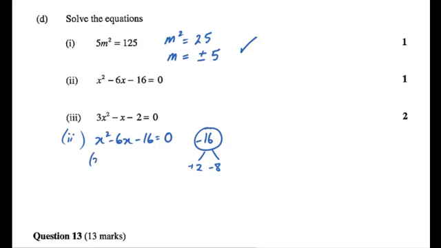So we get x plus 2, x minus 8 equals 0. Therefore, x plus 2 equals 0, x equals negative 2, or x minus 8 equals 0, so x equals 8. So negative 2 and positive 8 are the correct answers there.